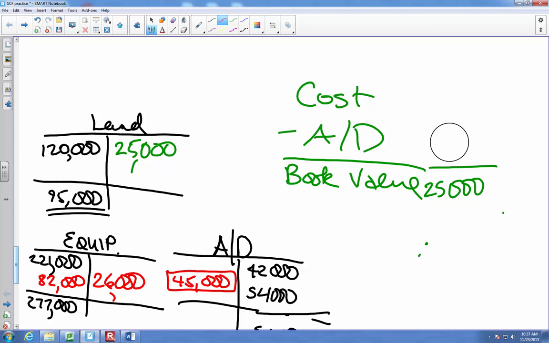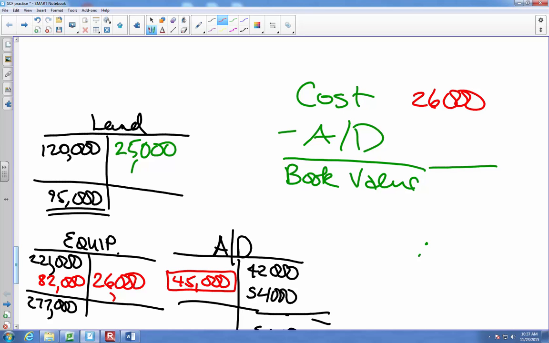So they're telling me that it cost what? Yeah? And what did we just figure out? That doesn't make sense. How can my AD be 45? Because you get a $2,000 difference between what the book value was and what it sold for.